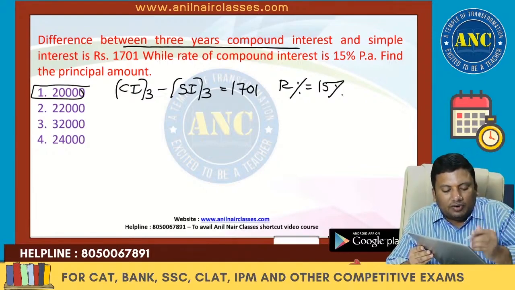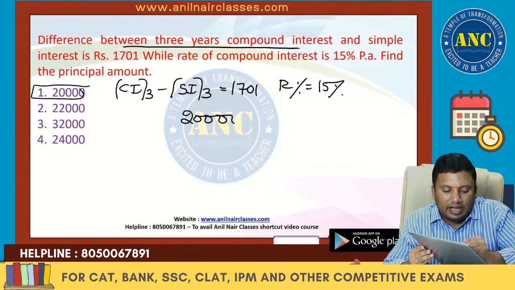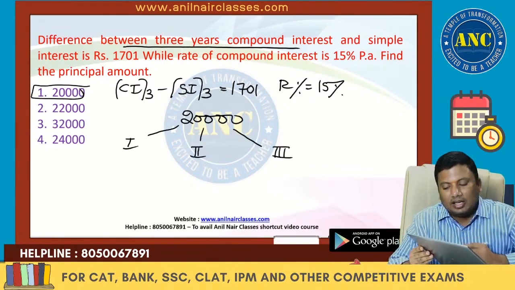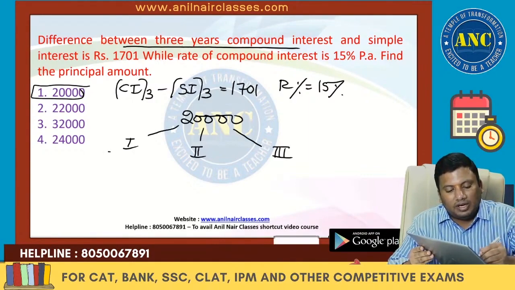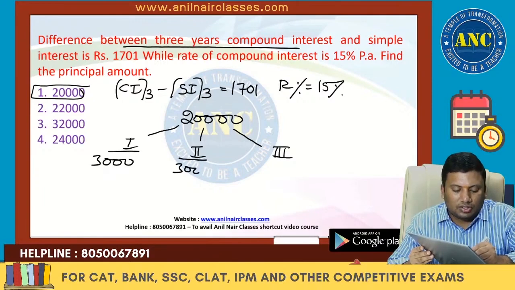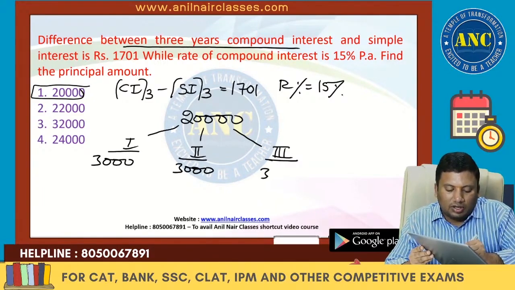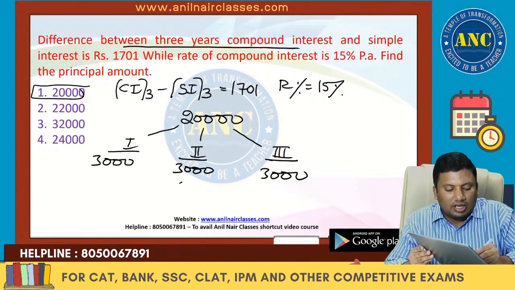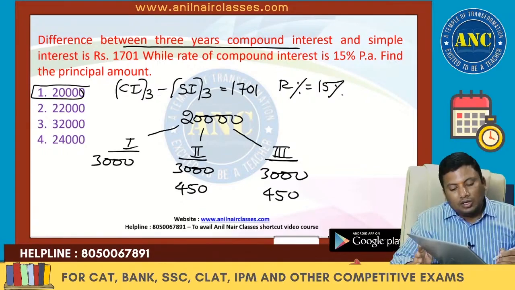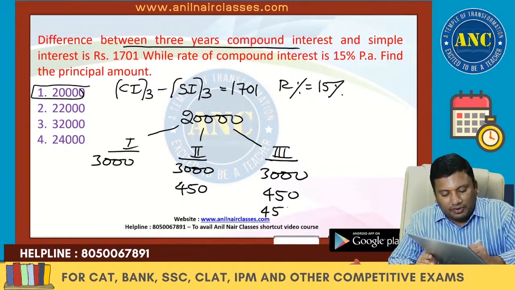If I take 20,000, this is first year, second year and third year. 15 percentage of 20,000 is 3,000. These also 3,000. These also 3,000. This is 450. Here also it is 450.